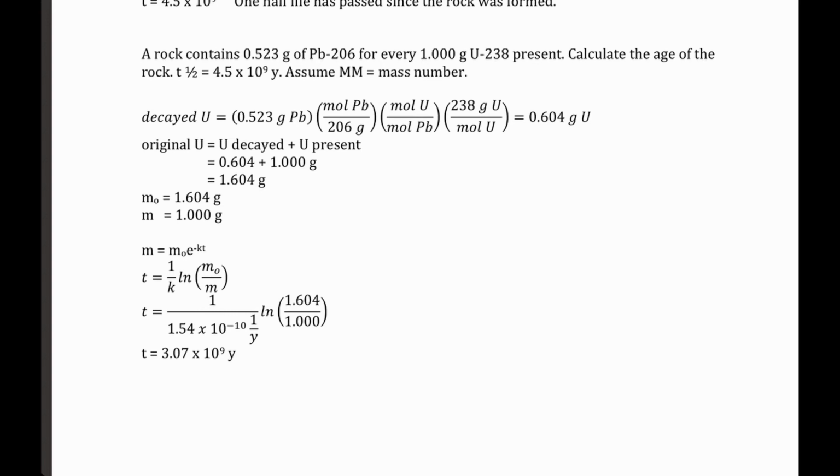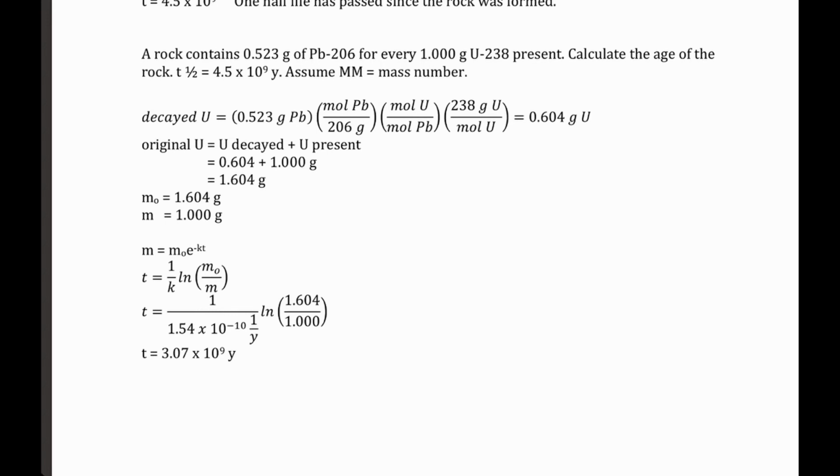That is to say, 1 gram of uranium doesn't produce 1 gram of lead. 1 mole of uranium decays to 1 mole of lead, yes, but for the mass comparison, we do have to convert using molar mass. We're told to assume molar masses are equal to the mass number for that isotope.